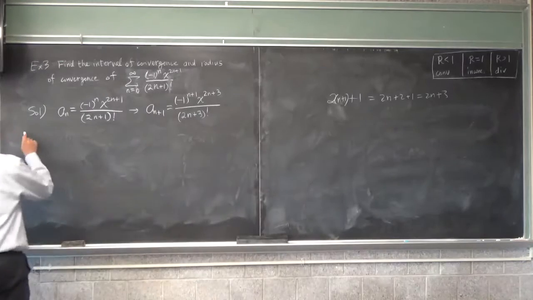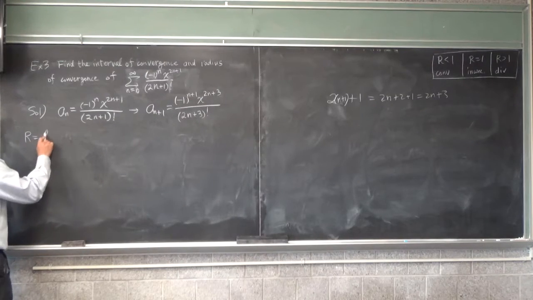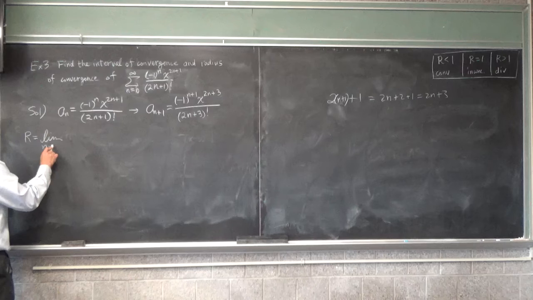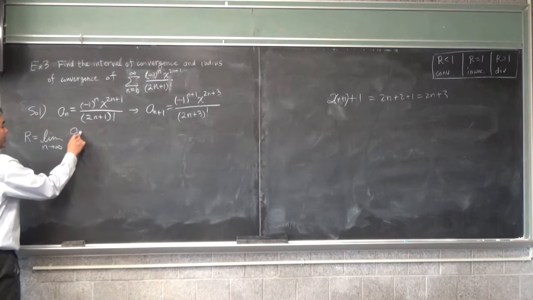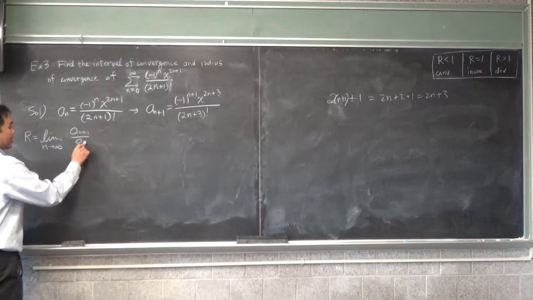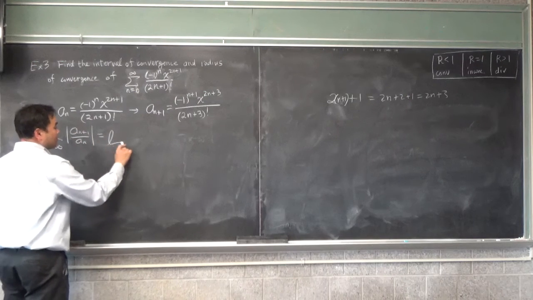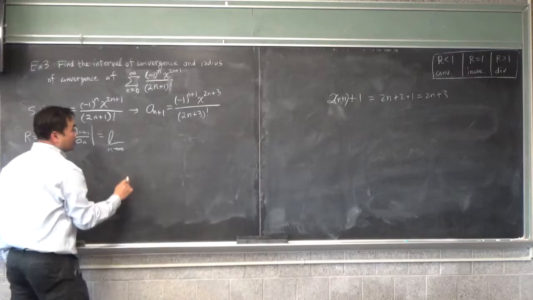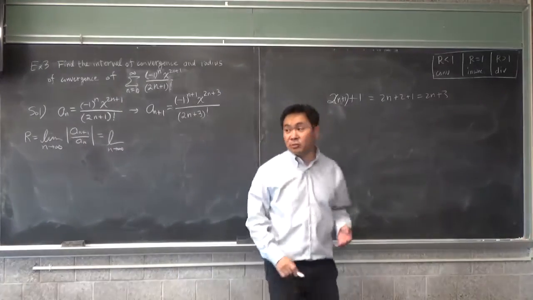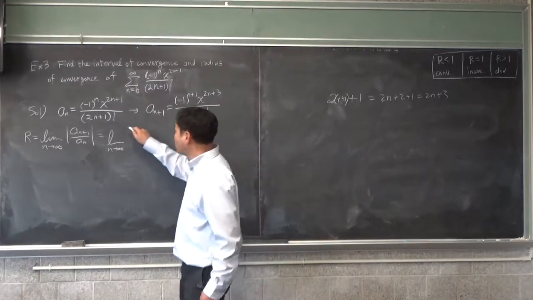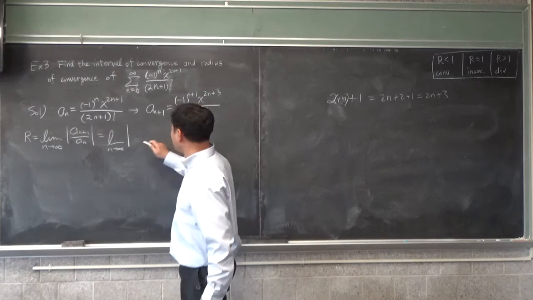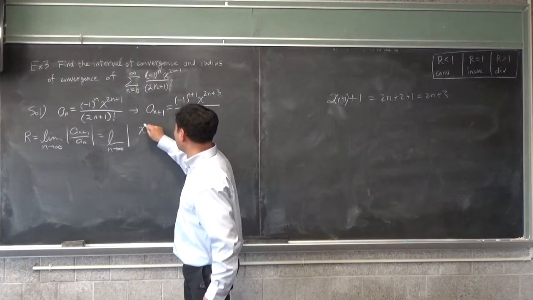Now, capital R is the limit as n goes to infinity of the absolute value of the ratio a_(n+1) over a_n. It's a division of fractions. We're going to use keep, change, flip. So the first one here, we just copy without change.